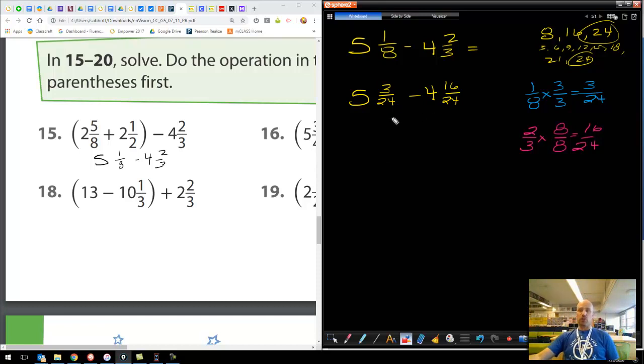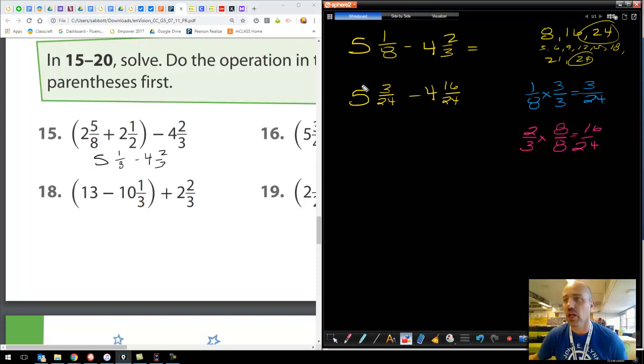Now, I do see something right off the bat. I have 3/24ths, and I need to take away 16/24ths. You can think about that like if I had 3 donuts and I need to give somebody 16 donuts, I can't do that. We need to take one of our wholes here, our 5.